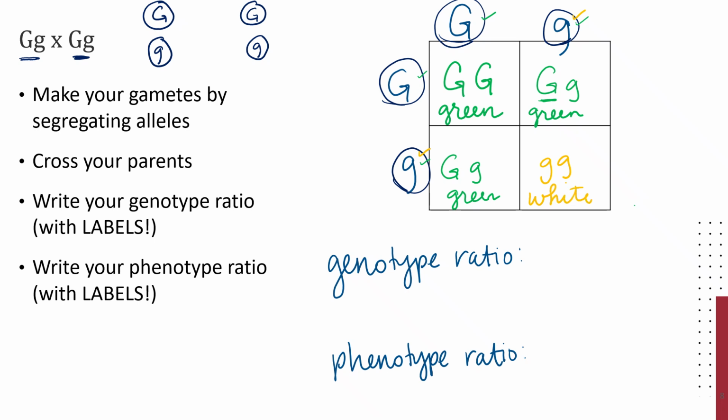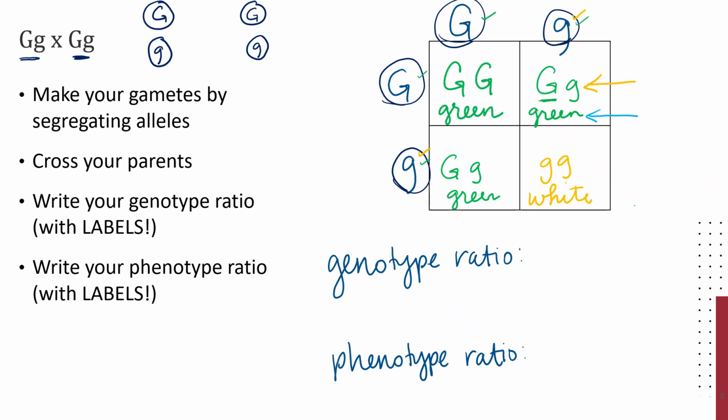For every cross that we're going to do, we're going to write out the genotype and the phenotype ratios. So these are the genotypes inside your box, and these are the phenotypes, the physical characteristic that you're going to see.